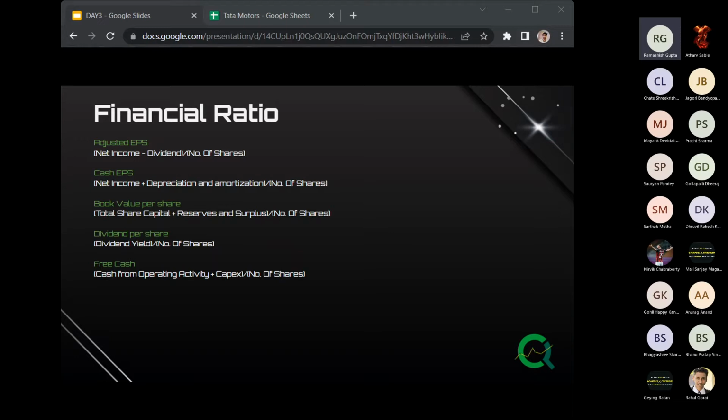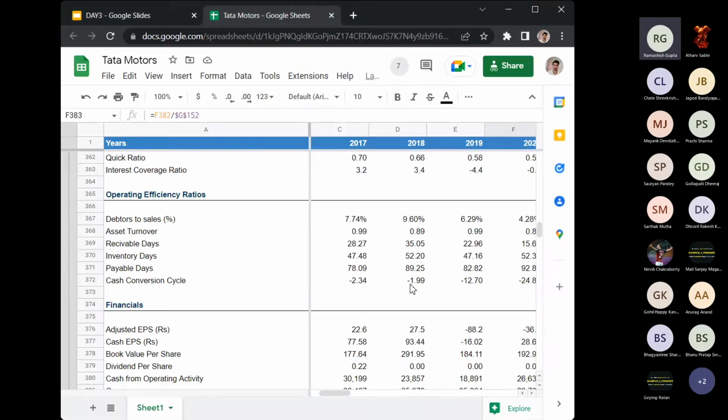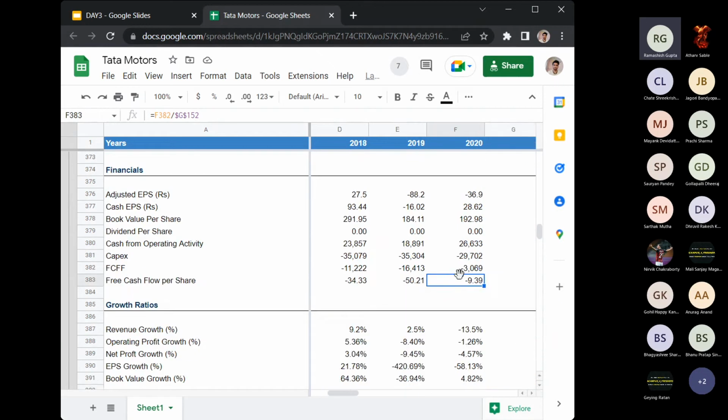That will give us free cash per share. If we do not divide by the number of shares, it will be just free cash. Capex itself is in minus sign, so that's why I just added.